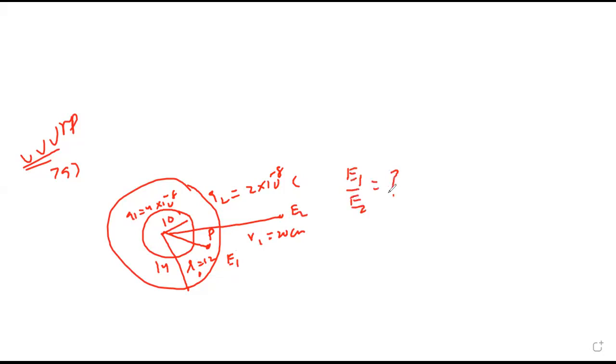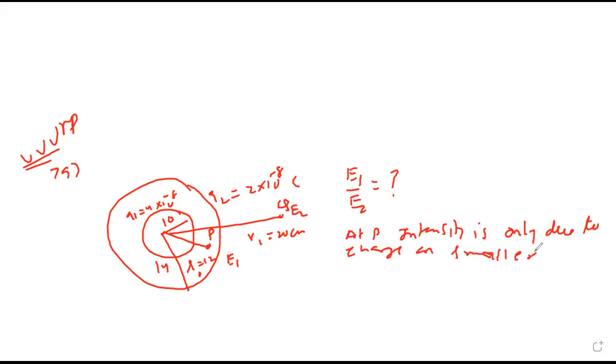Everybody followed? Yes, sir. Can I say this point P is outside the smaller sphere and inside the larger? So intensity will be only due to the smaller sphere. At P, intensity is only due to the charge on the smaller sphere, because inside any sphere there is no intensity.